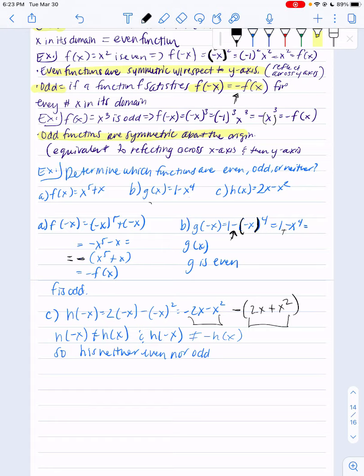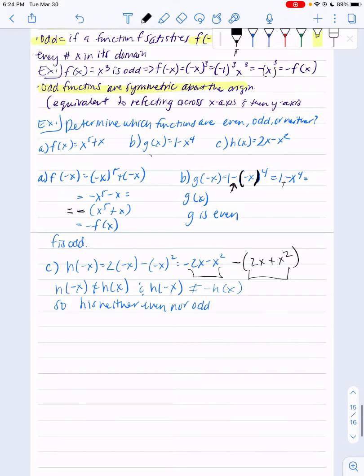So remember, the parentheses go around the whole thing. So keep track of your negatives. So I have 1 minus x to the 4th, which equals g of x. So g is even.